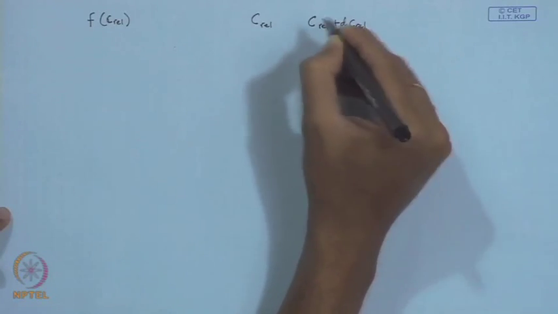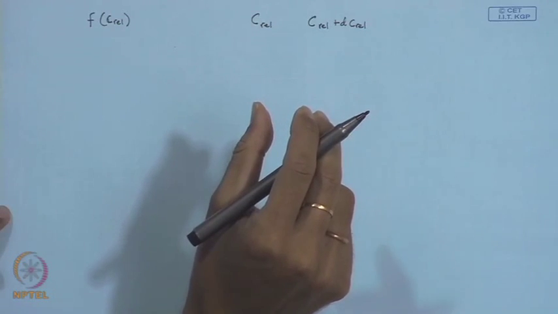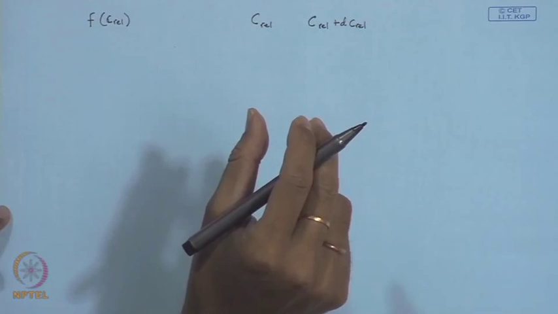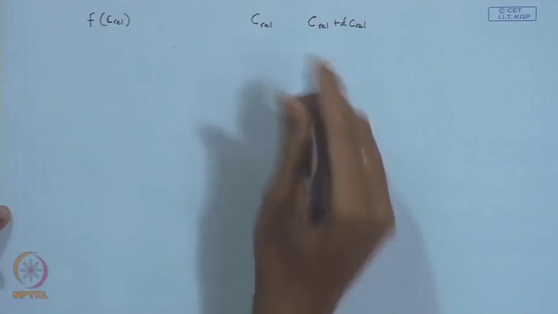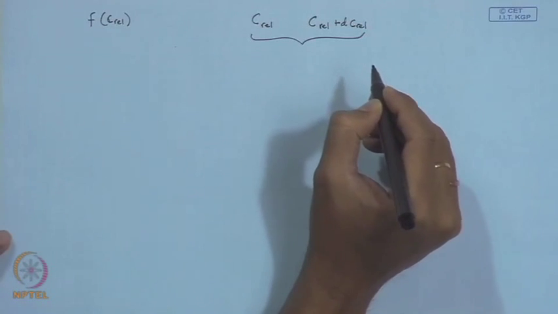We just would like to know what is the fraction of molecules, or what is the fraction of collisions, in this relative speed range.